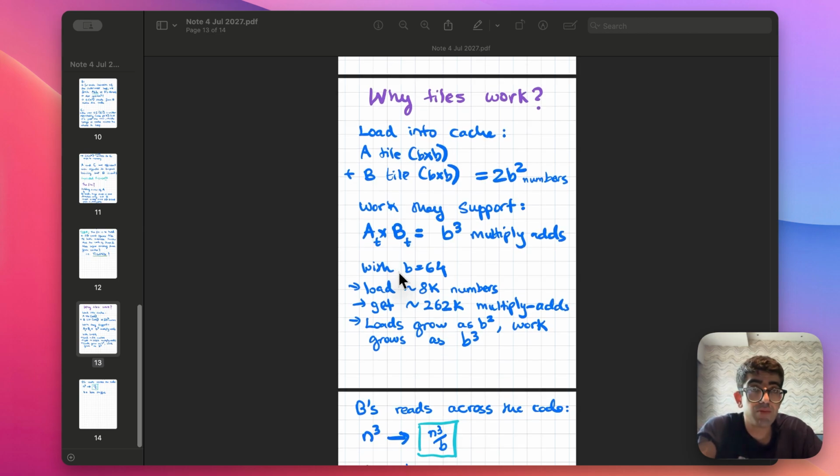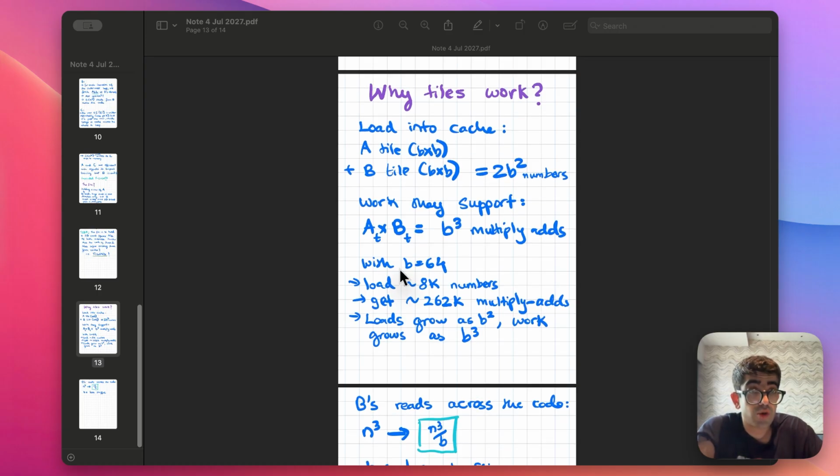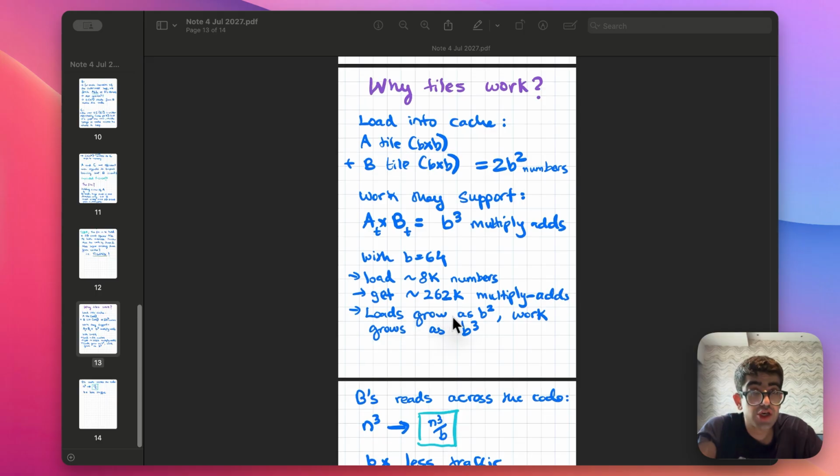And we can take a look at that more concretely by assuming a tile size of 64. For this case, we load about 8,000 numbers, and we extract over 250,000 multiply adds before touching main memory again. So loads grow as B squared and work grows as B cubed. And that gap, that is the reuse.